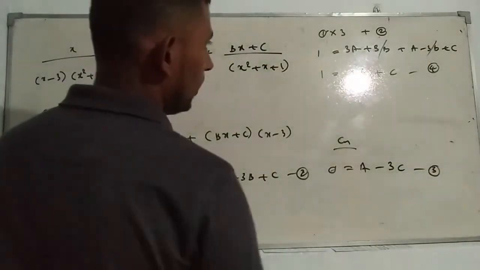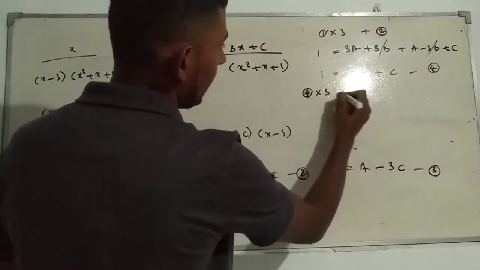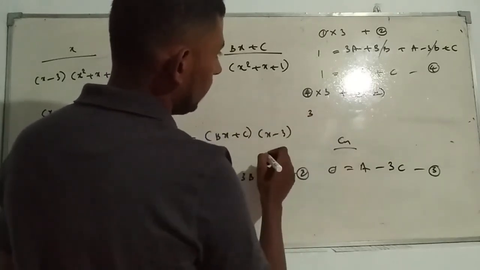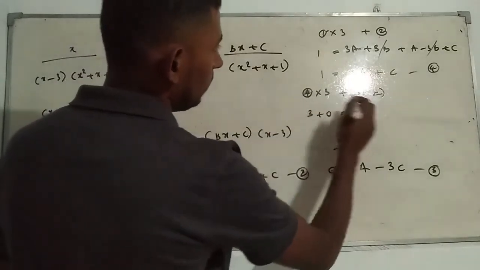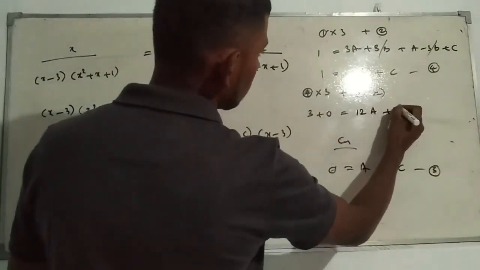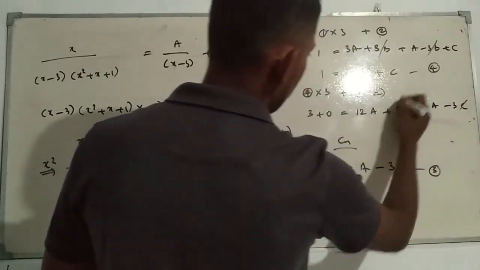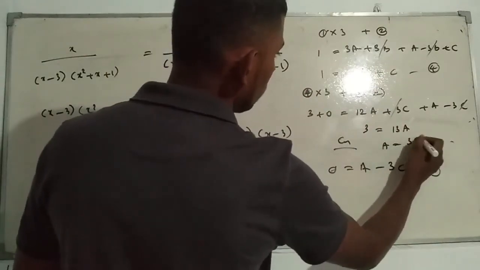For that I multiply the fourth equation by 3, then add it to the third equation. 3 plus 0 is equal to 12a plus 3c plus a minus 3c. 3 is equal to 13a, so a is equal to 3 over 13.